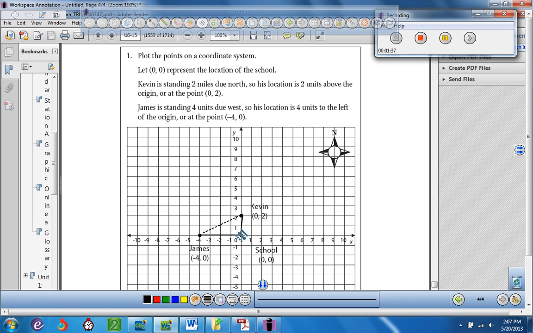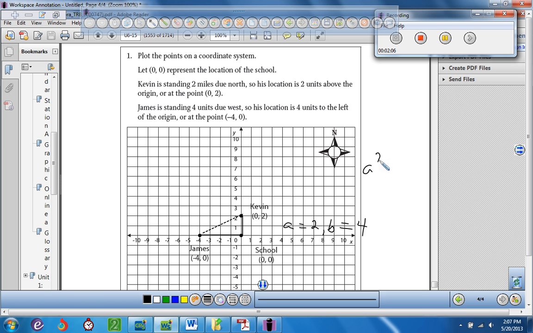So what we have to do is find the distance for our hypotenuse. I'm going to let this be A again. So A is 2, because I just counted down 1, 2. And then B would be 1, 2, 3, 4.